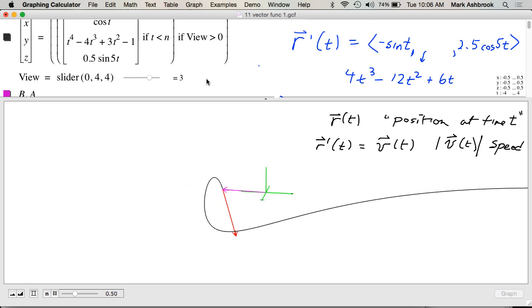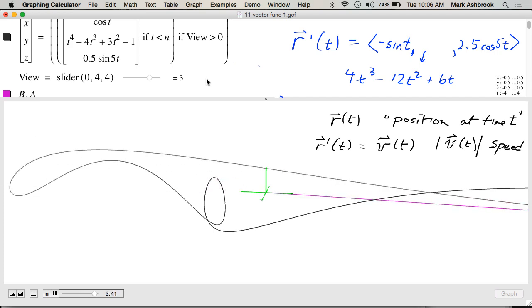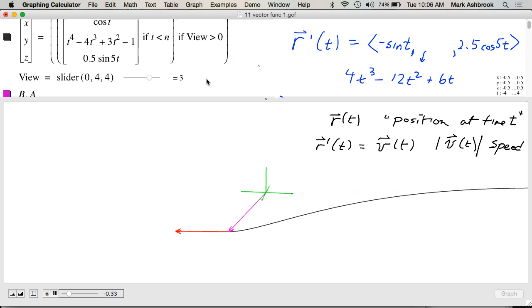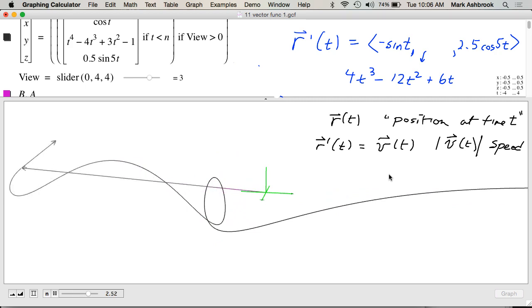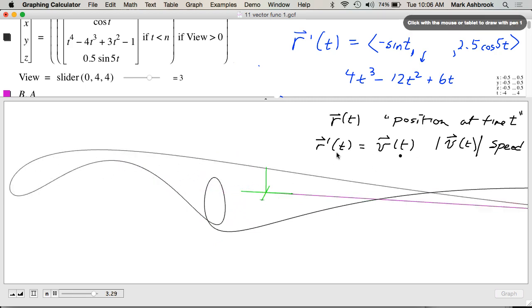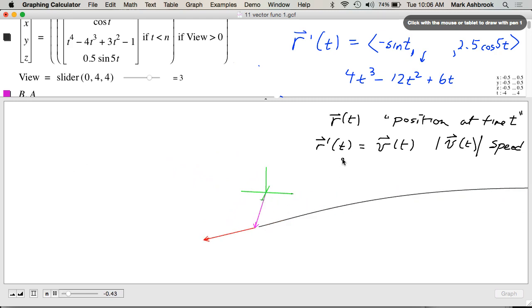The unit vector of the derivative. So some of you said v, some of you said the direction. Right. So this is the unitized version of r prime, or of v. This is called the unit tangent vector. So the unitized version of v, or r prime, is called the unit tangent, and it's capital T.